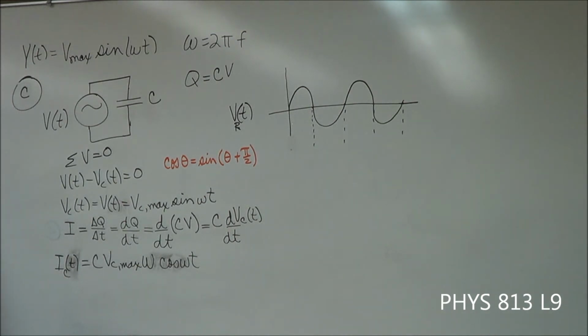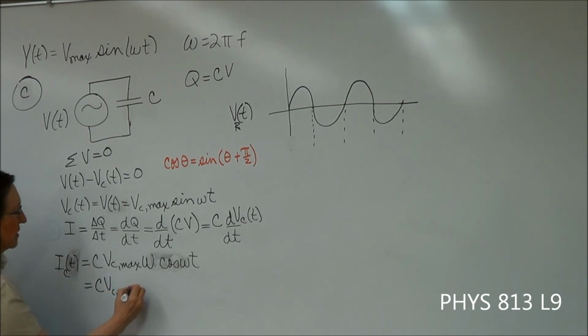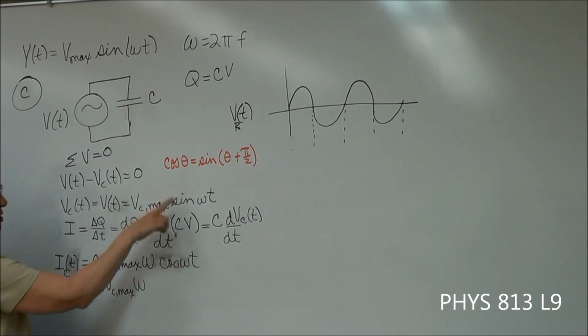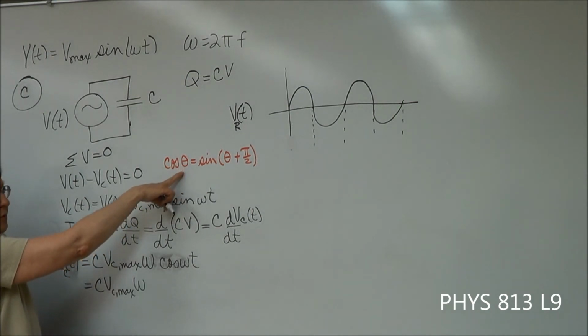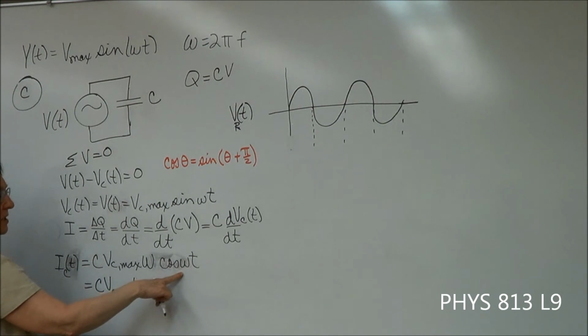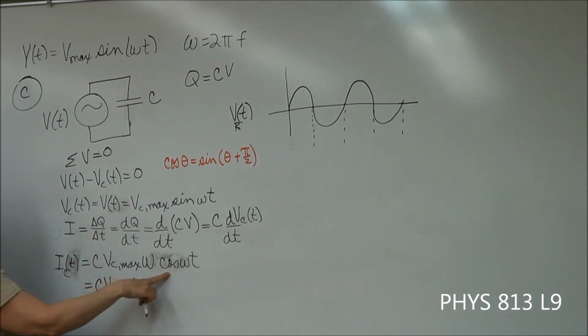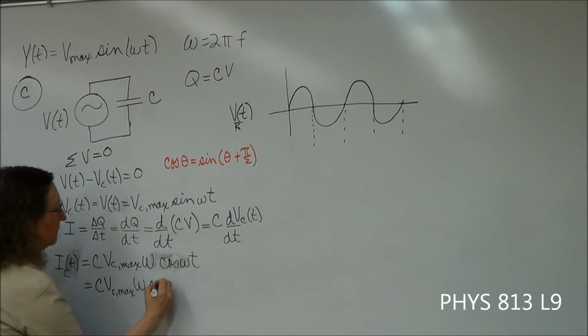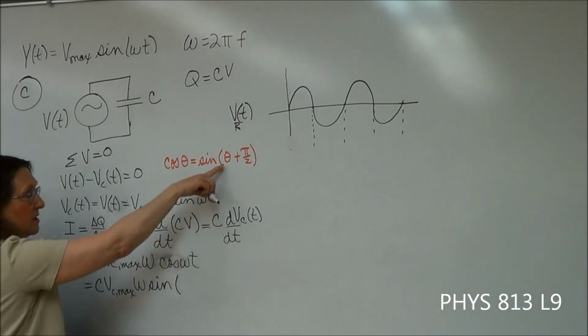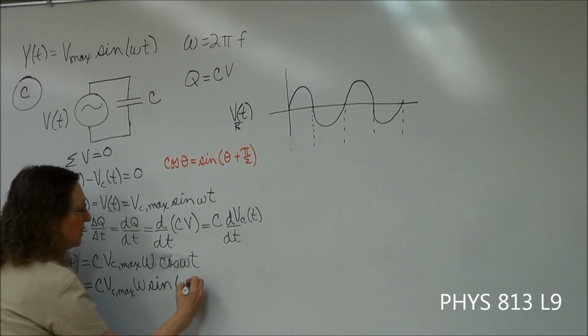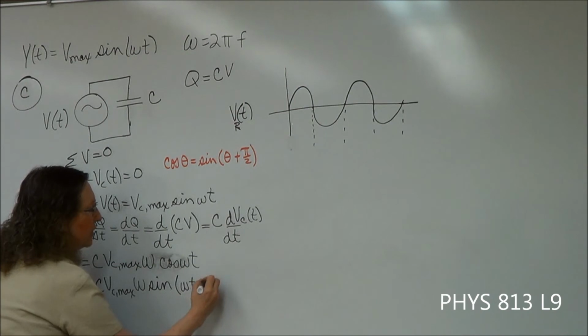Okay, so I want to change this. I'm going to put C Vc max times omega. Up here we normally just write the identities with theta, but theta is our omega t. So we're going to change our cosine to sine, and then we'll have omega t, and then we'll have plus pi over 2. Okay?